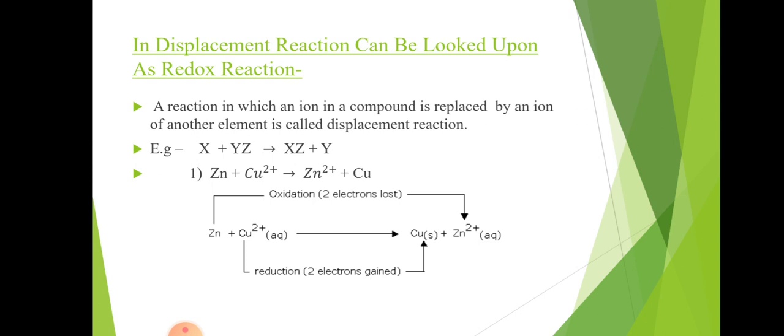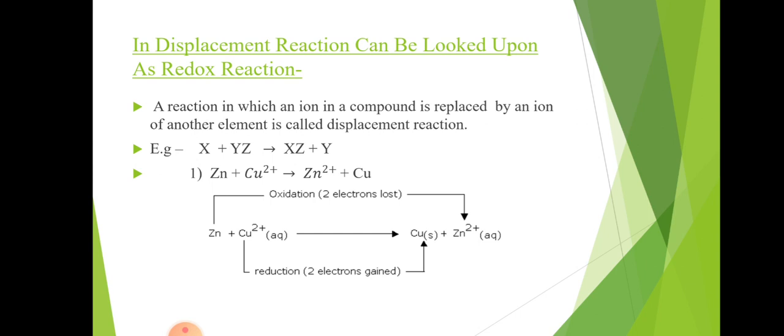Now in this reaction, the Zn loses electron, that is the oxidation, and the copper ions gain electron to give the copper. It means the gain of electron.